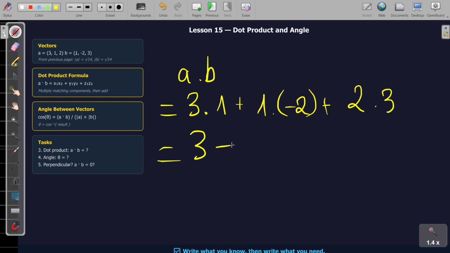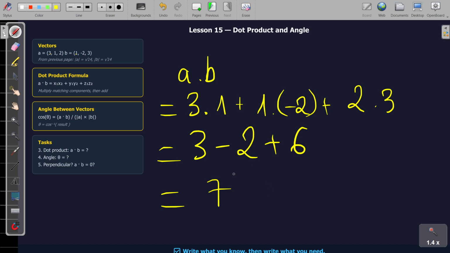We will have 3 minus 2 plus 6. What we have is 7. Pretty simple. So the result is actually a scalar. It's a single number, but it's not a vector.